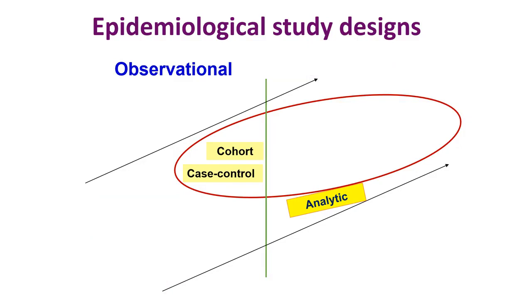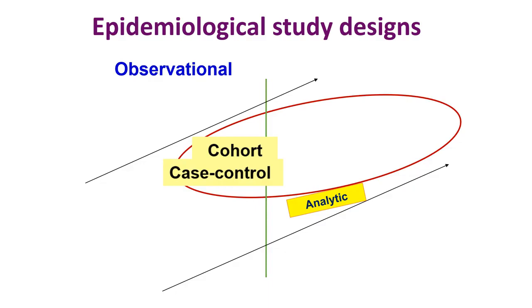Now, in both cohort and case control studies, we actually deal with comparison groups. And that's why we can look for associations between an exposure and an outcome. That's why they're called analytic studies, even though they are observational studies.